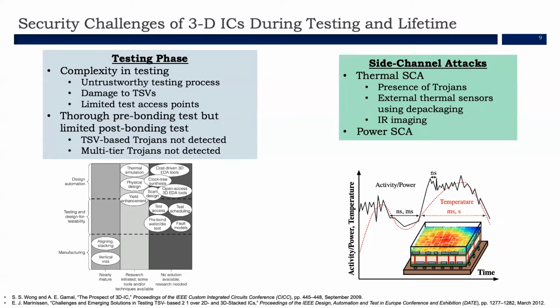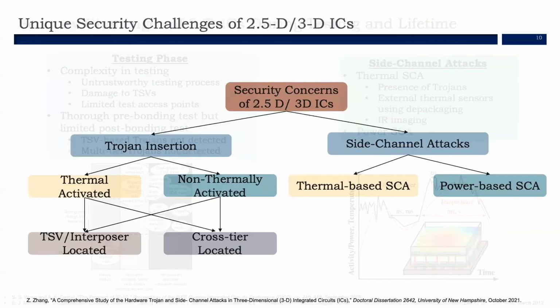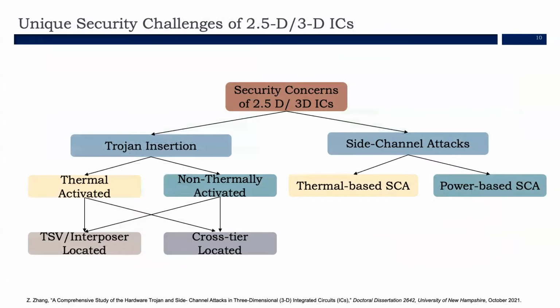One more disadvantage of the 3D IC is that it has a large temperature gradient. Therefore, these are susceptible to thermal-based side channel analysis, and also susceptible to power-based side channel analysis.